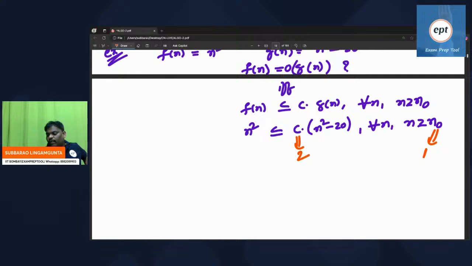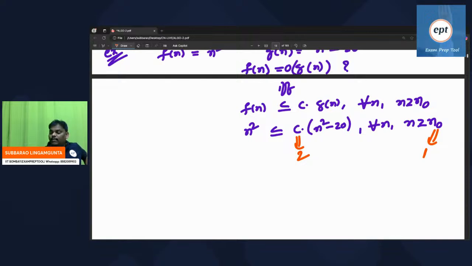That is the reason, if I take n value 1, negative coming. N value 2, also negative. 3, 3 square is 9, 9 minus 20, also negative. I don't want to see negative. N value 4, also negative. 5, 5 square 25, 25 minus 20, positive coming.